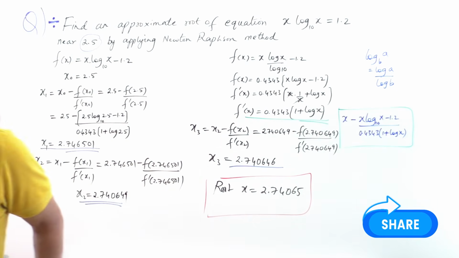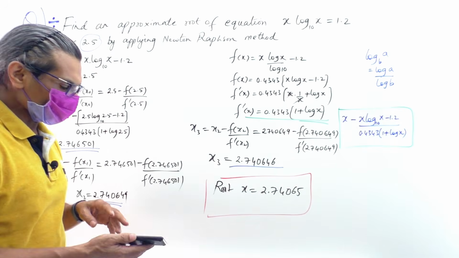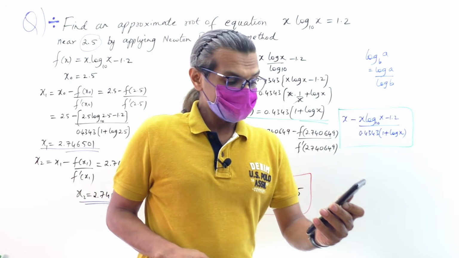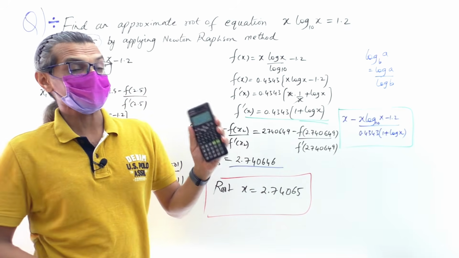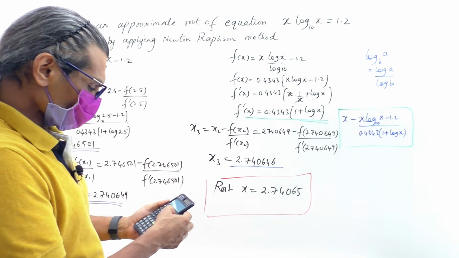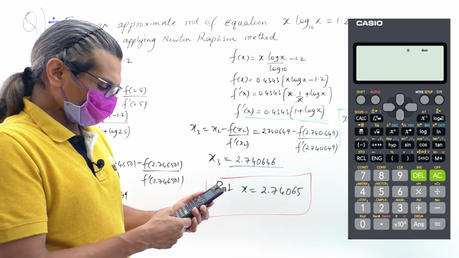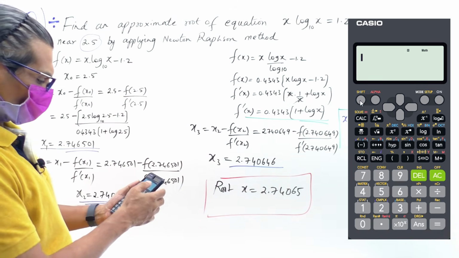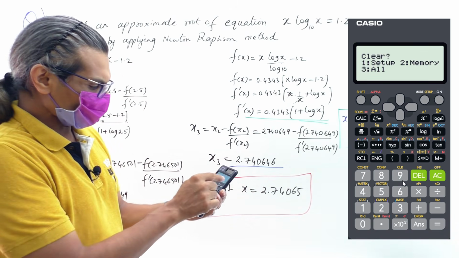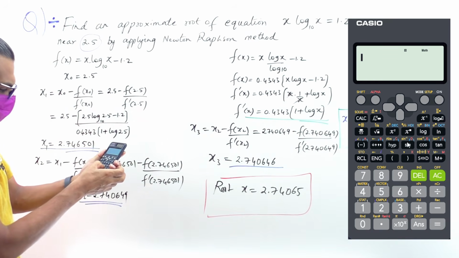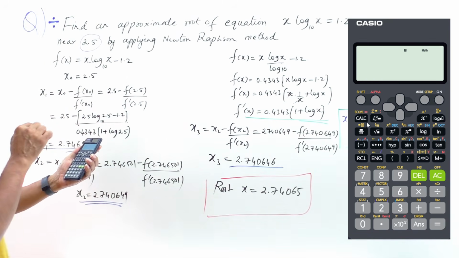Okay, so that's all. Now the same thing I'll show you using the FX 991 ES Plus second edition. Students who are using this FX 991 ES Plus second edition, please follow carefully. Again, go to Shift, Clear, 3, equals, AC. Now here the function is not directly defined, you can do it like this. We do alpha x minus fraction.